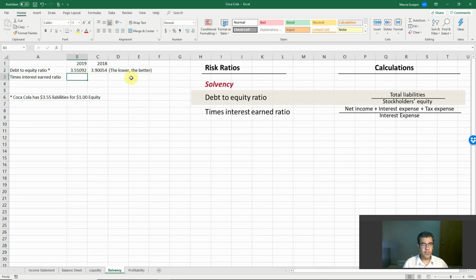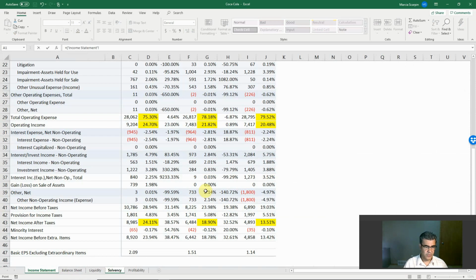And then the second one, times interest earned ratio. That is net income plus interest expense plus tax. So first of all, we don't need to do everything. So net income before tax, that is our net income plus tax, plus interest expense. However, interest expense is a negative number.